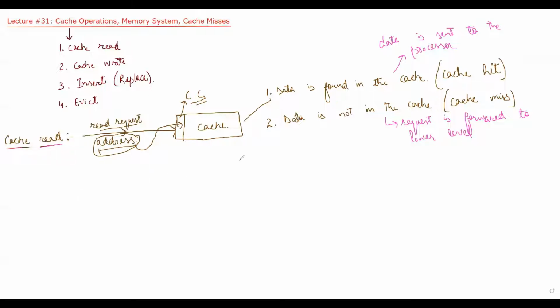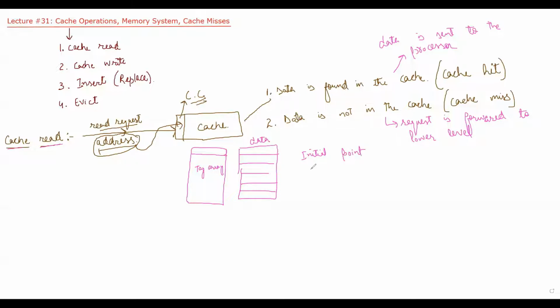Okay. Now see, in a cache we have two arrays. One is the data array and the second one is the tag array. So tag array stores the tag and data array stores the data. Initially, at the beginning, at the initial point, what will be there in this cache?